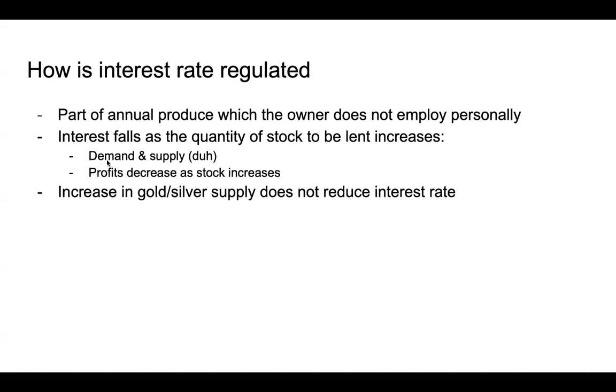One simple reason of demand and supply, right? Because if the lenders have more money to lend, and the borrowers have the same demand for money to be lent, then of course with the supply increased and the demand the same, the price would be lower. And in this case, the price is interest.